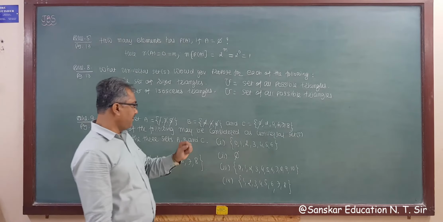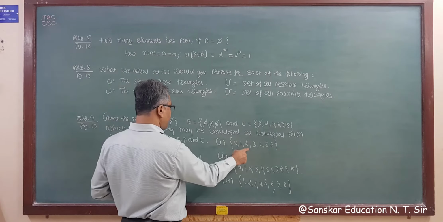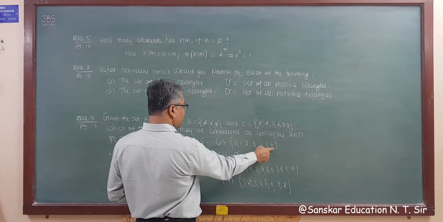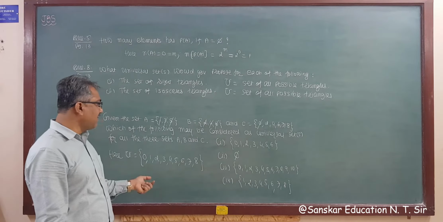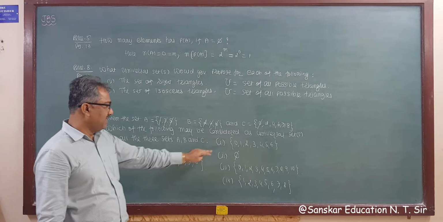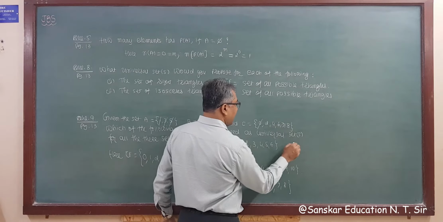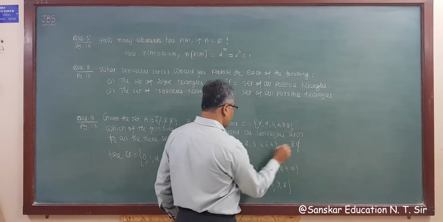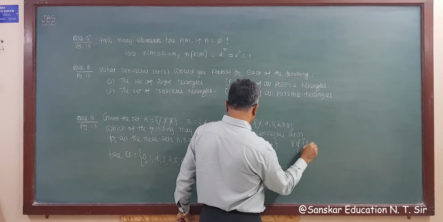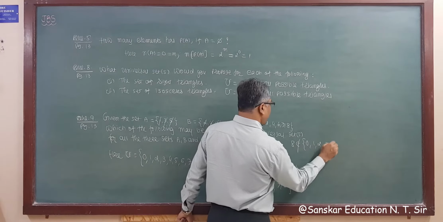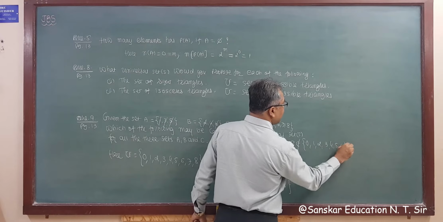Now here, this set 0, 1, 2, 3, 4, 5, 6 doesn't contain 8. So 8 does not belong to this set 0, 1, 2, 3, 4, 5, 6.